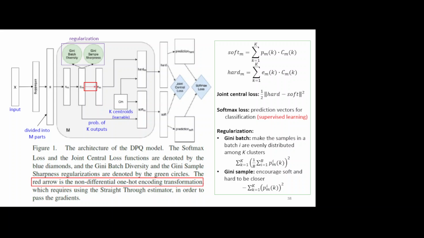Finally, this path is the hard representation. Suppose the x, after some transformation, I get a probability representation like this.